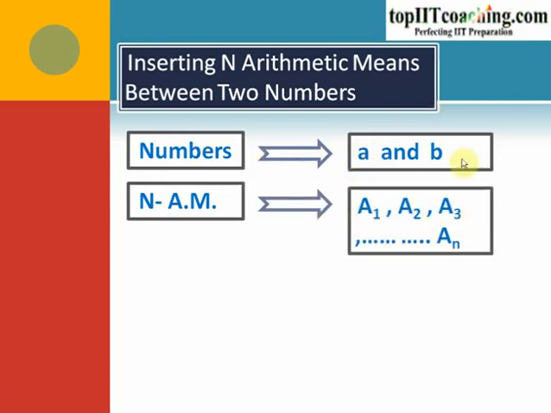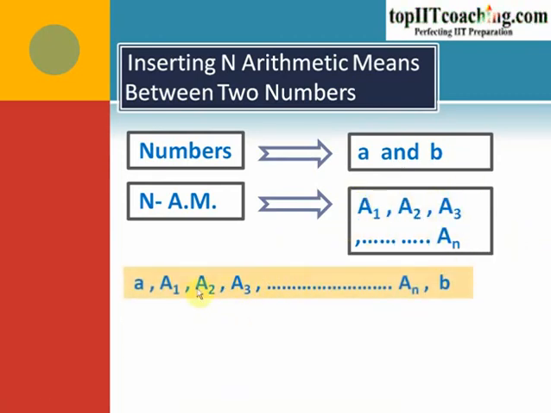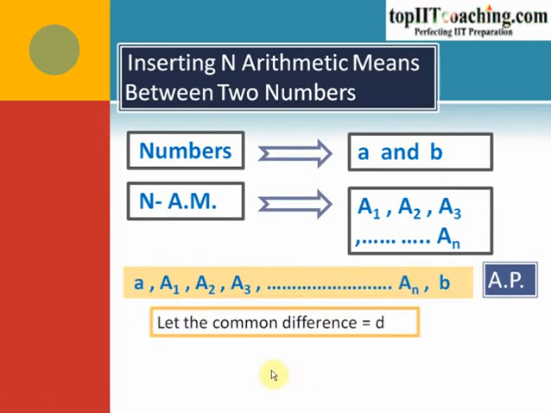So a, a1, a2, a3 up to an, b form an AP. Let us say that the common difference of this AP is equal to d.